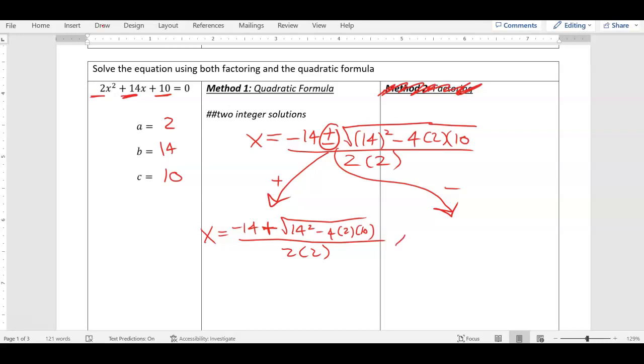And then I'm going to write it again, but instead of a plus sign, I'm going to use a minus sign. 14 squared minus 4 times 2 times 10, divided by 2 times 2. Okay, so I know it's a lot of writing. I'm going to give you a minute to write all that down. One has a plus sign, and one has a minus sign. Two equations.